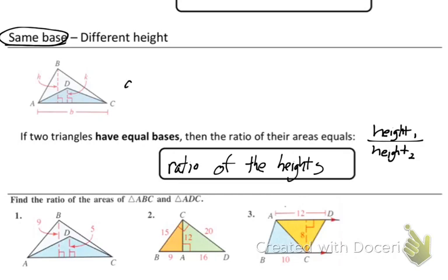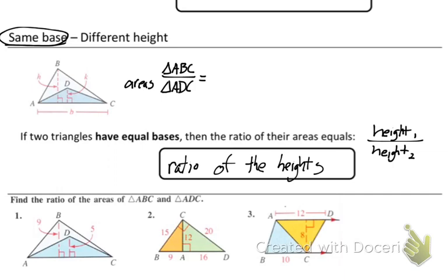So once again, I'm looking at areas. And I'm comparing this big triangle to the smaller one. They have the exact same base. They obviously have different heights. So we're comparing the areas of triangle ABC over triangle ADC.